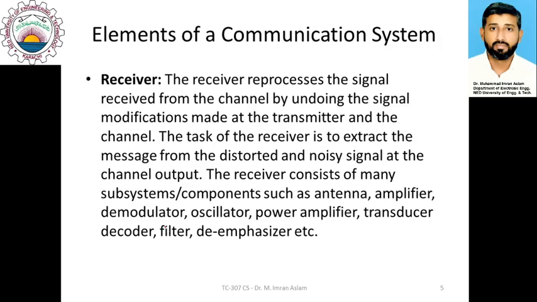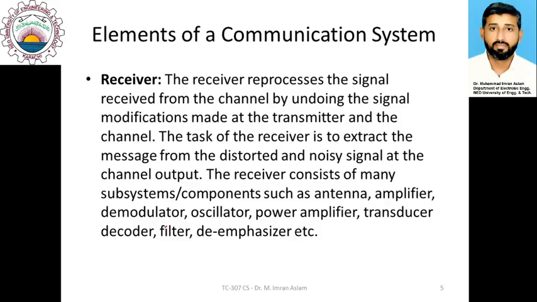The next component is the receiver. The receiver collects the signal from the transmission channel and then tries to recover the original form of the waveform that was used to represent the message, and it tries to undo whatever modification was done at the transmitter side.